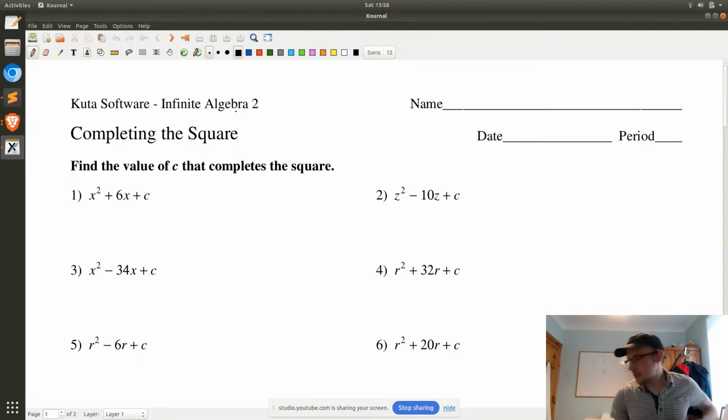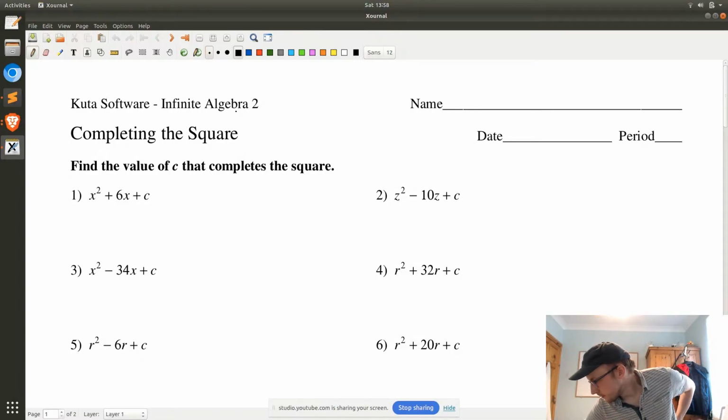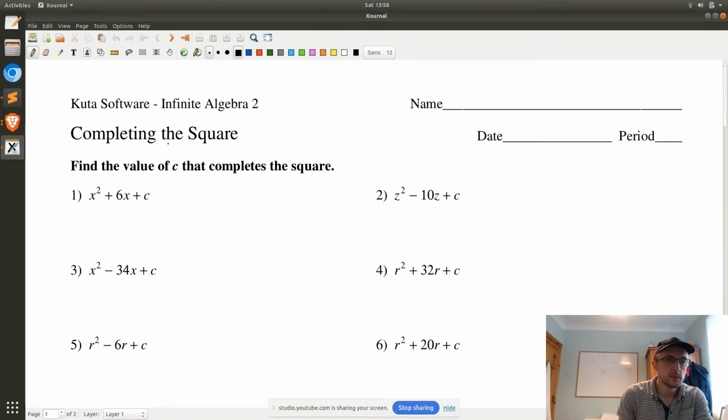Find the value of c that completes the square. So when we factorize, just looking at the first two, okay, let's do it in general. X squared plus bx plus c. I want to complete the square. So first I've got to divide everything through by a, because really completing the square applies to a monic quadratic.